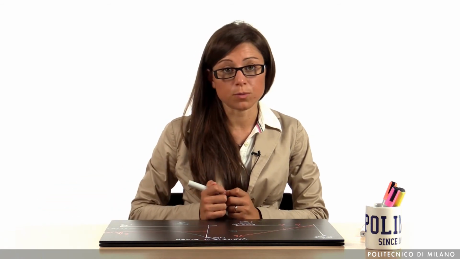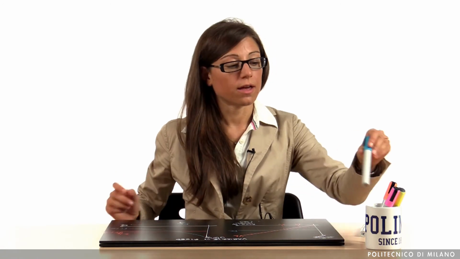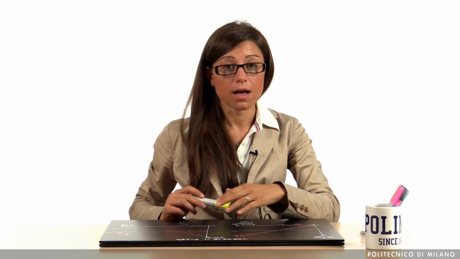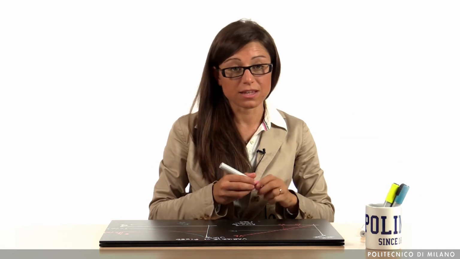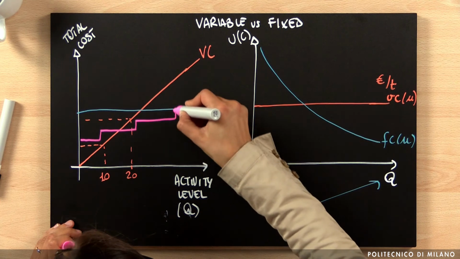If we want to be even more precise in the distinction between variable and fixed cost, we can add a third component. The cost can be variable, the cost can be fixed, but we can also have a category of cost that is defined as semi-variable. The shape of the semi-variable cost is the following.